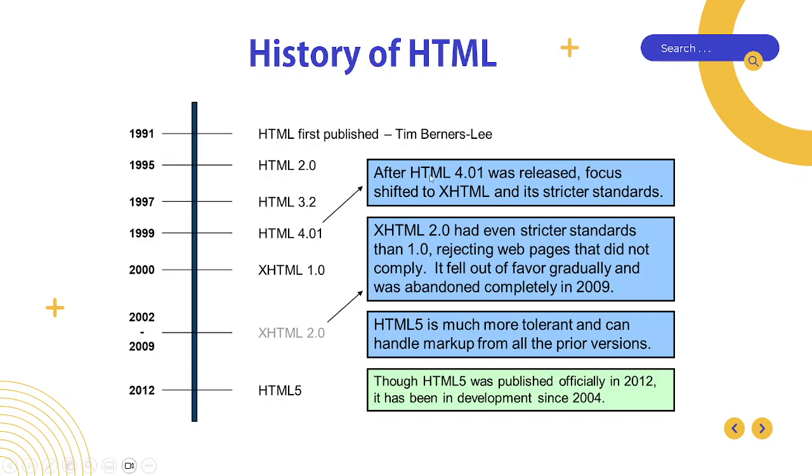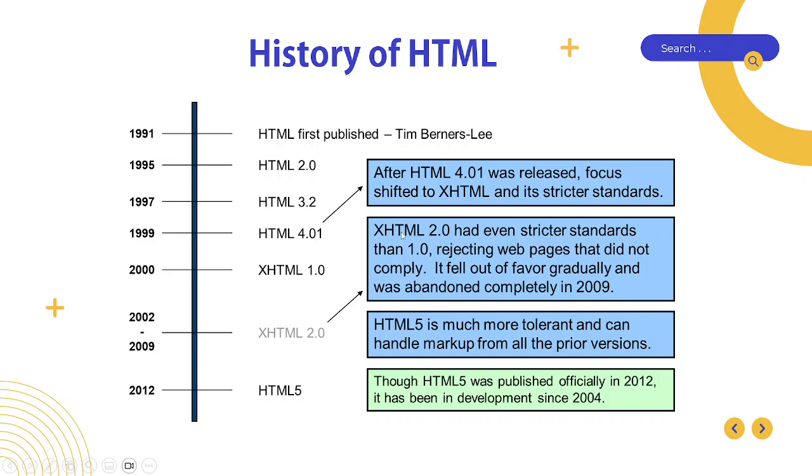After HTML 4.01 was released, the focus shifted to XHTML and its stricter standards. Okay, so when there is an X in front of the H, meaning that's updated, rather than this one from when it was first published, 1.0 to 4.01.